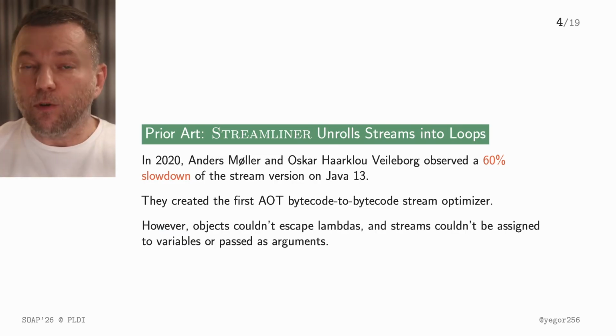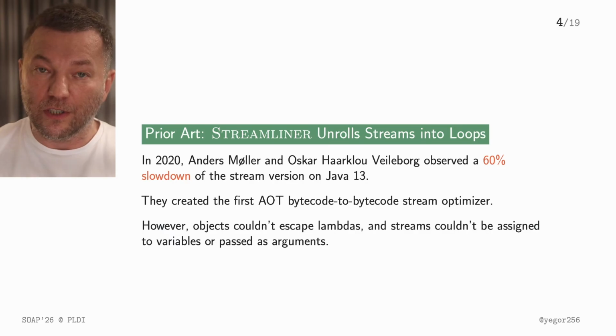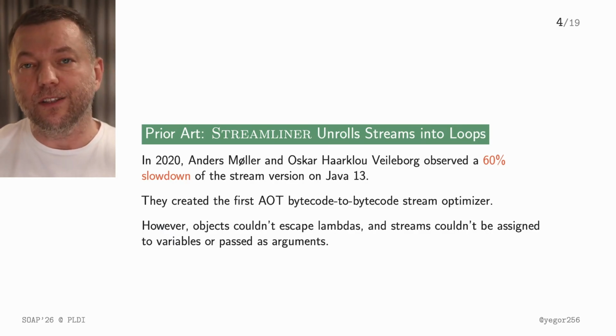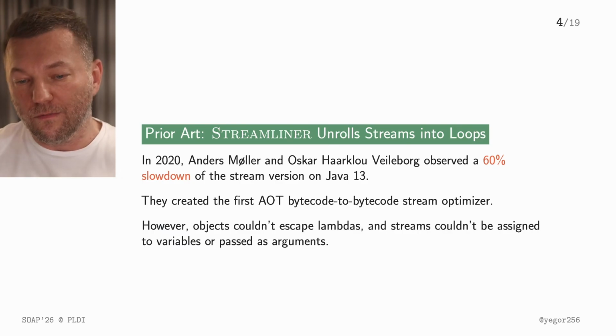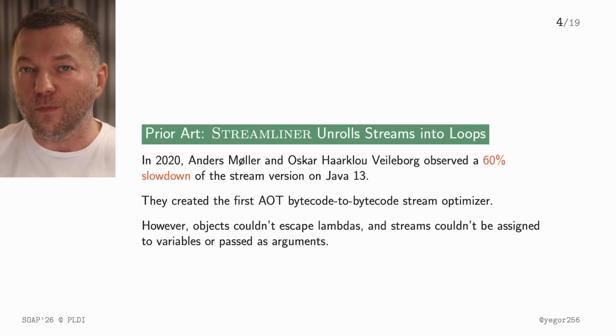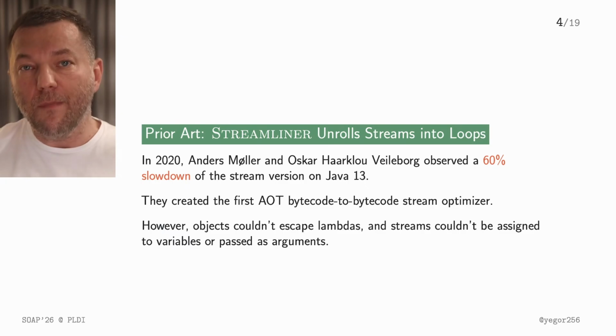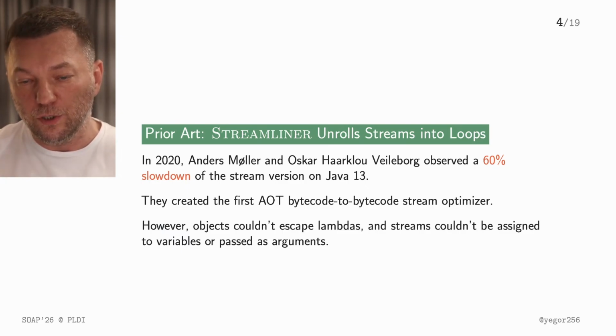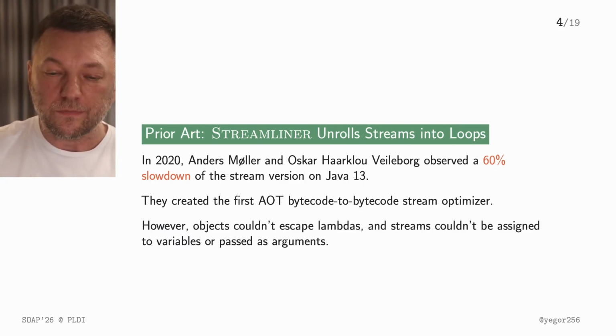And it was a good solution because it demonstrated performance gain on a number of benchmarks, obviously making streams more useful and more interesting for programmers because of the performance optimization.